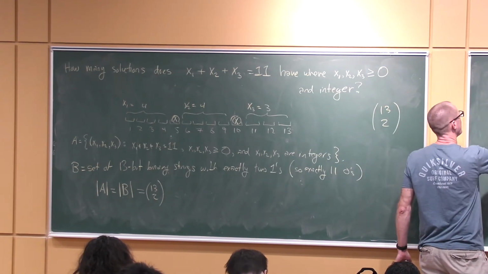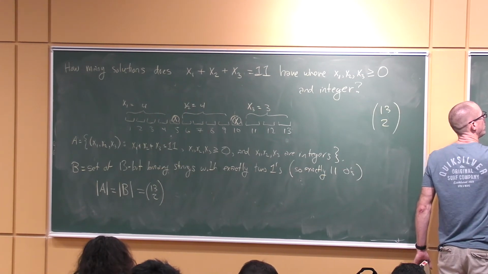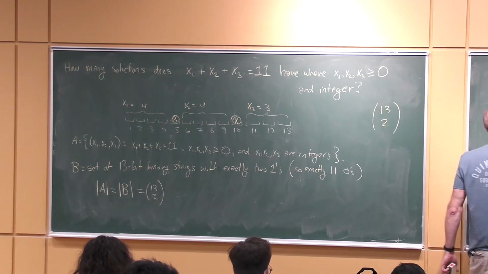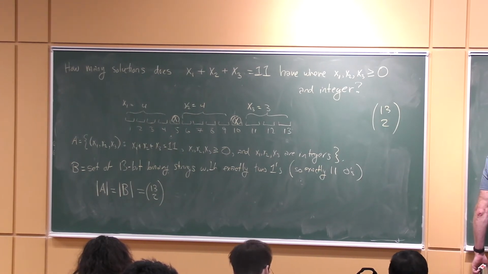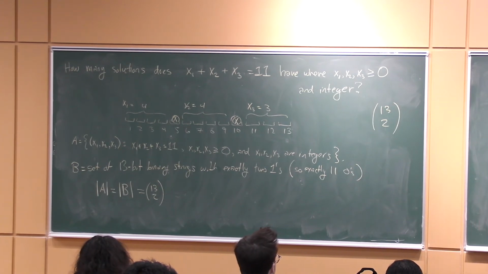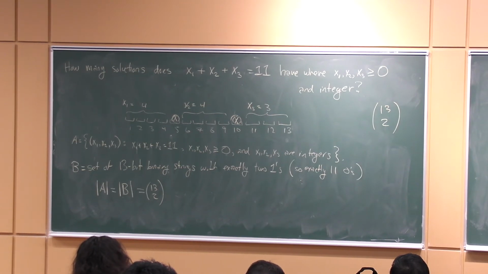So if you give me a solution, x1, x2, x3, that will go to a binary string that starts with x1 zeros.